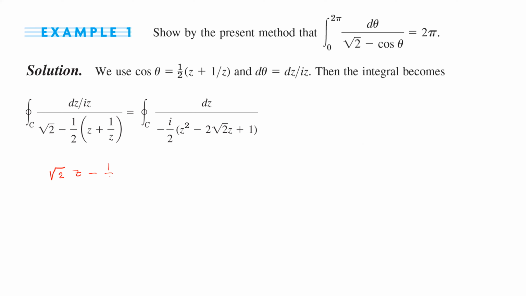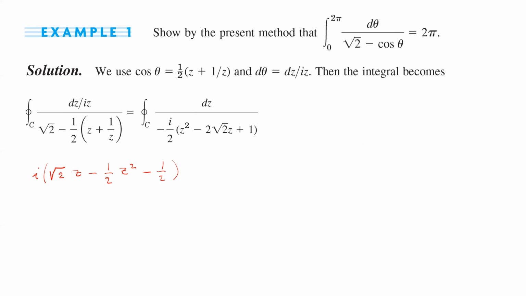So we have square root of 2 times z minus 1/2 z squared minus 1/2, right? If you multiply by z and i, we can keep the i here. So you get the square root of 2 z minus 1/2 z squared. z becomes z squared because we multiply by z, and 1/z becomes just 1.